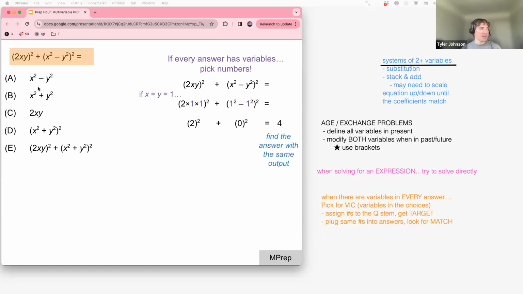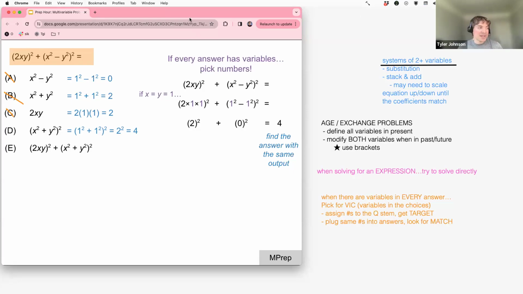So starting with A, if I plug in 1 for x and y, I get 0, not 4. So that one's eliminated. If I try it with B, I get 2, not what I'm looking for. Try it with C, also get 2, not what I'm looking for. Try it with D, and I get a 4, and that looks good.